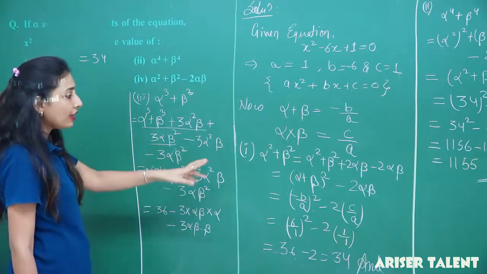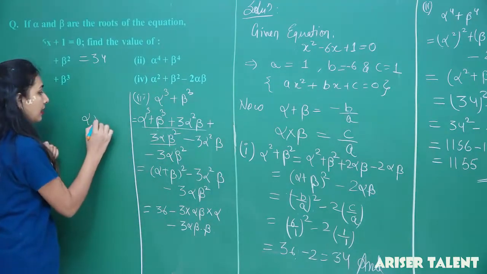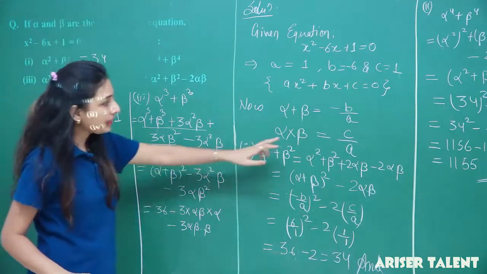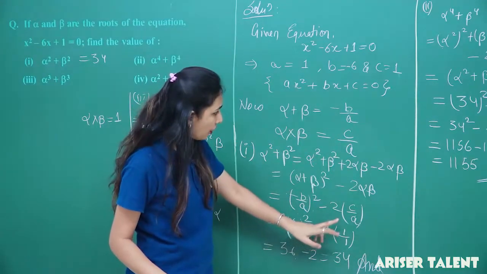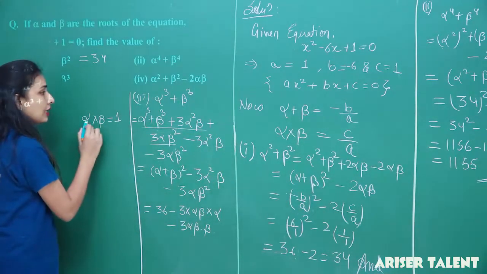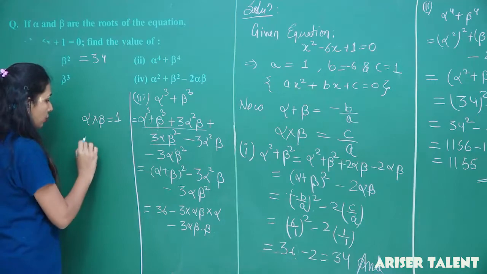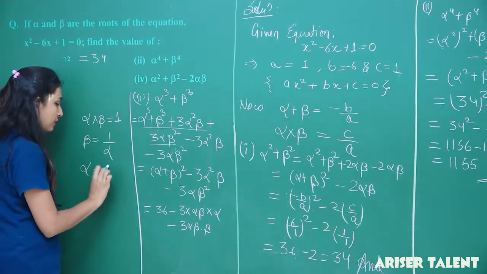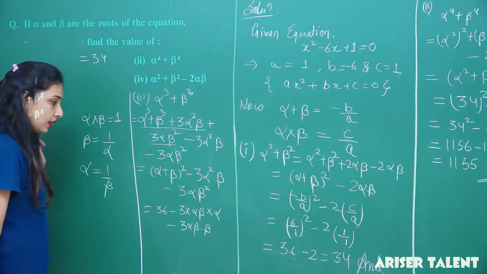Now, students, value of alpha beta, alpha multiplied by beta, is equal to what? From here, c by a is what? C by a is 1 by 1, so it is 1. So, value of beta equals 1 by alpha and value of alpha equals 1 by beta. Okay.